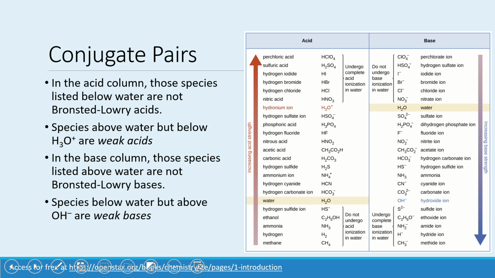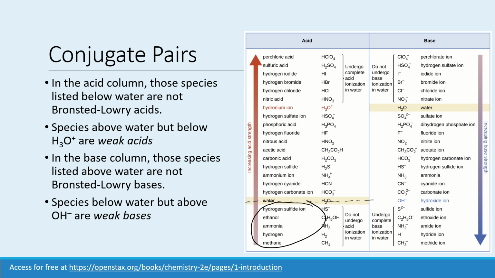Okay, so in most textbooks, you'll see a spectrum of your increasing acid strength or your increasing base strength. So acids will typically be listed on the left and bases on the right. And so if you look on the left with the acids, you'll see this water line. Okay, if you are below that line, you are considered to not be a Bronsted-Lowry acid.